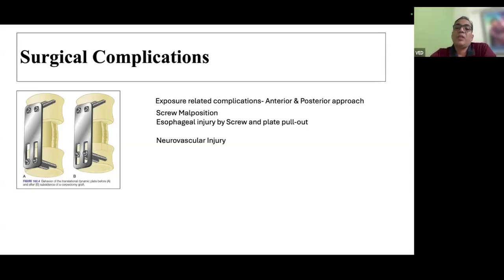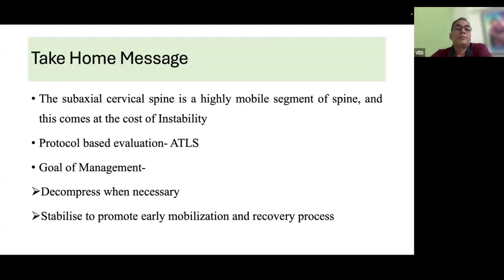In posterior approach, once the fracture segment is going to the transverse foramen, we should be careful about injury to the vertebral artery. While placing pedicle screws, we should take care that the screw is not malpositioned and does not damage the exiting nerve roots or spinal cord. Then neurovascular injury, as I have told.